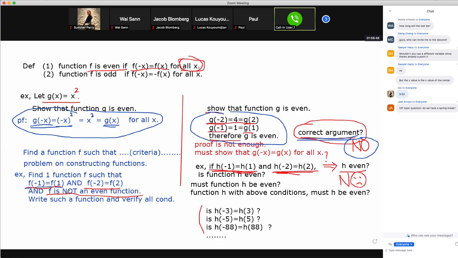Now, how many such functions are there? How many functions are there which satisfy those conditions? There are billions of such functions.